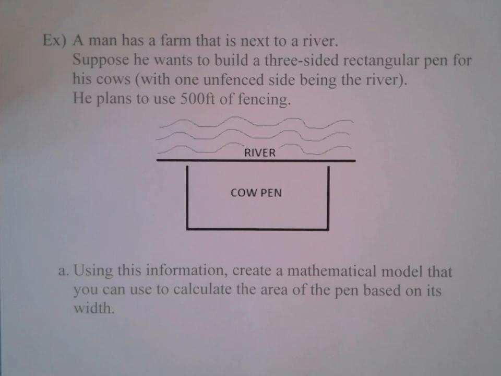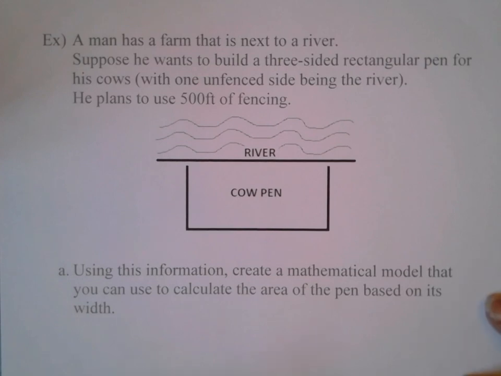Suppose he wants to build a 3-sided rectangular pen for his cows, with one unfenced side being the river. He plans to use 500 feet of fencing. Okay, and then our first task is, using this information, create a mathematical model that you can use to calculate the area of the pen based on its width.